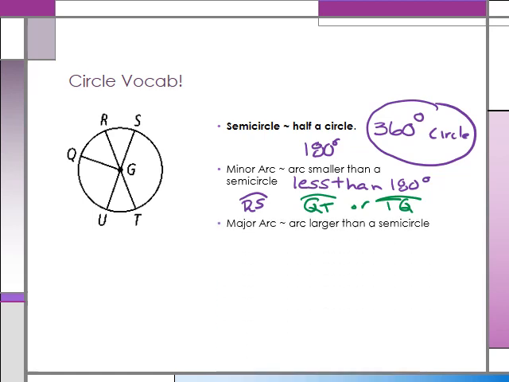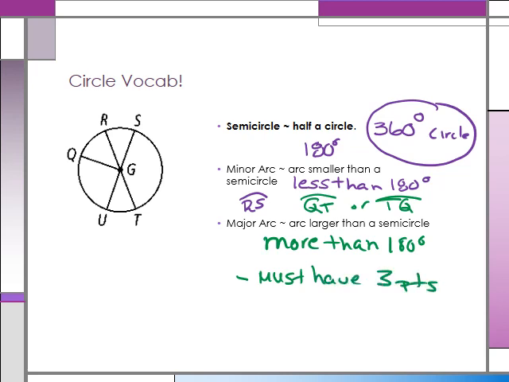A major arc is an arc that's larger than a semicircle or more than 180 degrees. And to name a major arc, you must have 3 points. Okay? Its endpoints and a point in between.